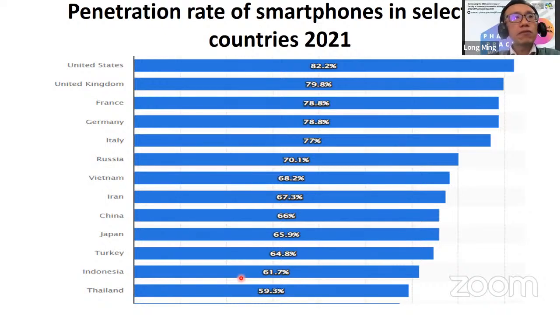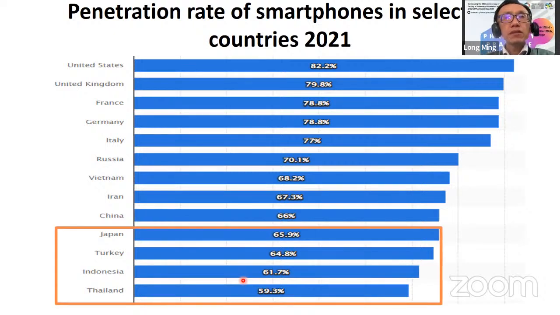So easily, out of 100 people, around 62 people will have access to at least one mobile phone. This is a mobile phone that can provide a very powerful e-marketing tool, which we're going to discuss towards the end.